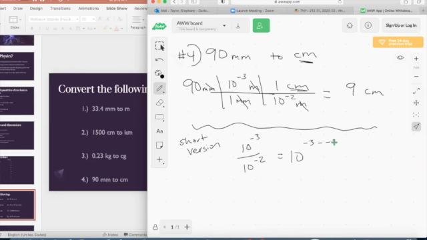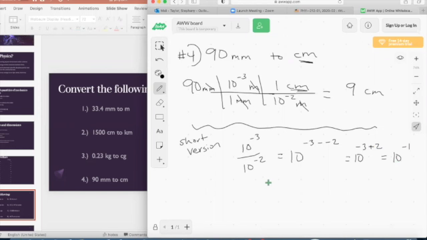These are double negatives, which equals a positive. So if I write that back out, that's minus 3 plus 2 on that power of 10, which is going to be 10 to the minus 1 power, because negative 3 plus positive 2 is negative 1.